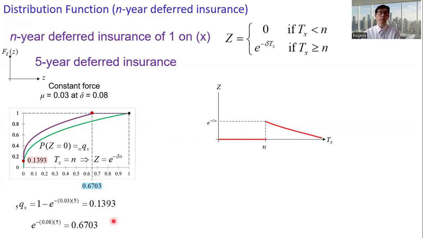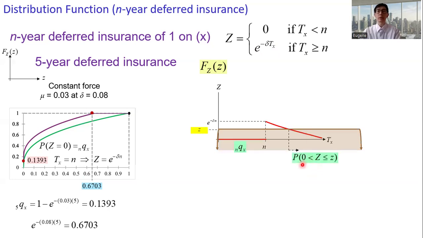All right, so what is the relationship between the CDF for deferred insurance and the whole life insurance? For deferred insurance, the CDF of Z is divided into 2 parts. The first part, within the deferral period, the probability that Tx is less than n is nqx. And then the second part corresponds to the right portion of the graph here. This corresponds to the probability that Z is between 0 and z.